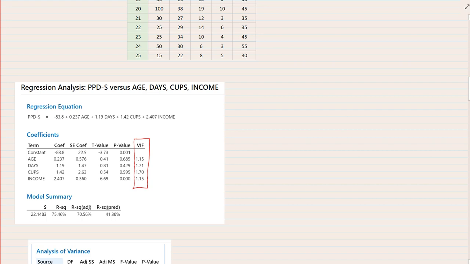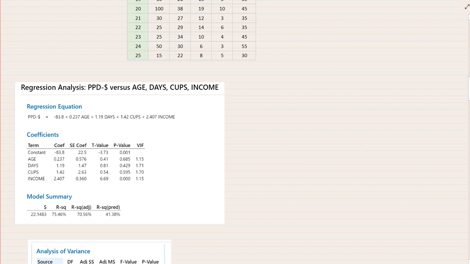The VIF stands for Variance Inflation Factor. What the Variance Inflation Factor looks at, I'll get to in a few minutes in this video, so I'll tell you more about it. But here, these are looking at a phenomenon called multicollinearity, which I'll explain and elaborate on in a few minutes.